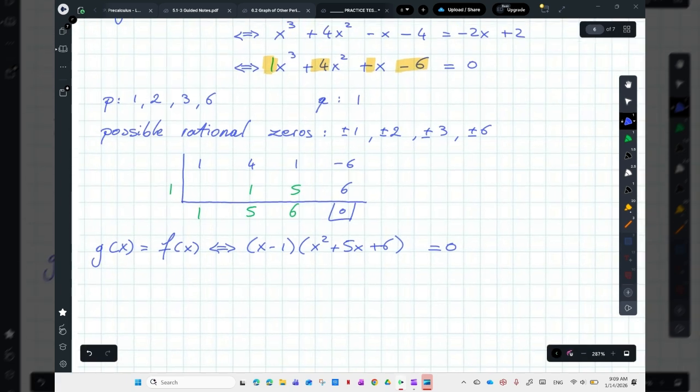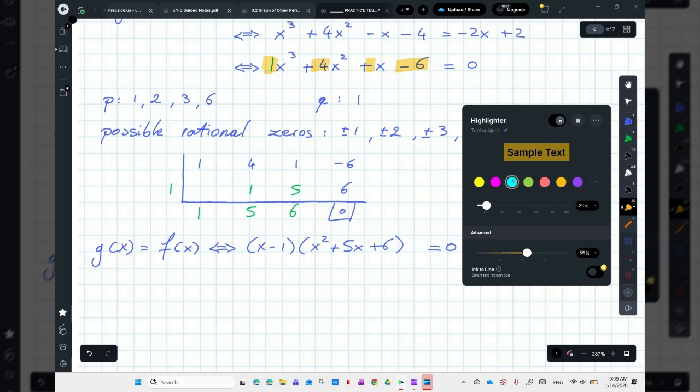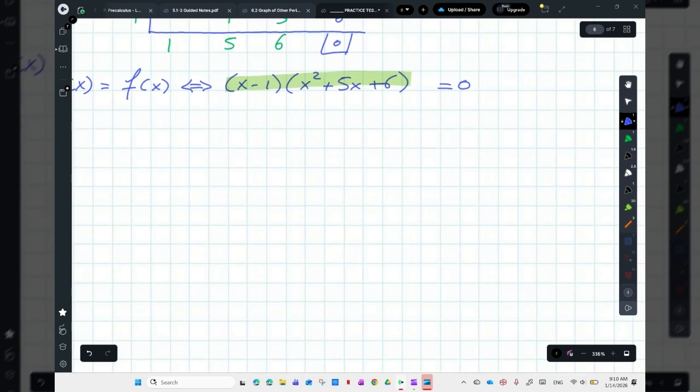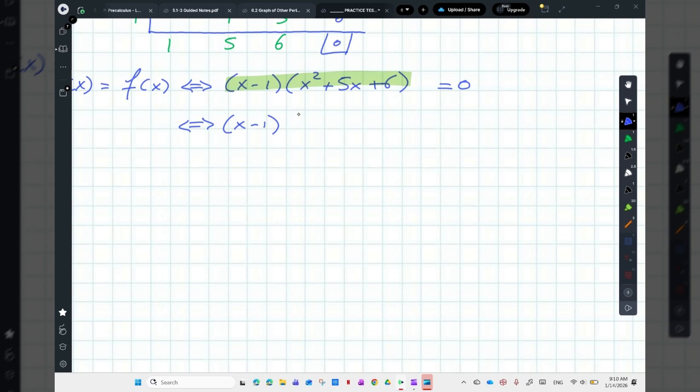So what I just did here is simply factoring this side of the equation. Now I can factor further and have x minus 1 times x plus 2 times x plus 3, and therefore the possible values of x will be positive 1, negative 2, and negative 3.